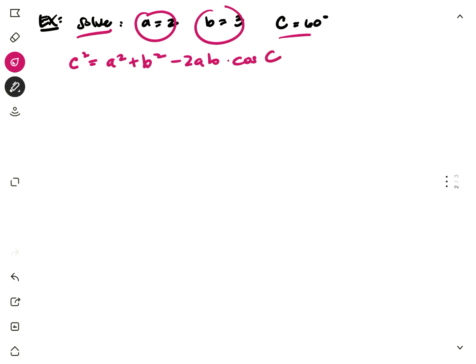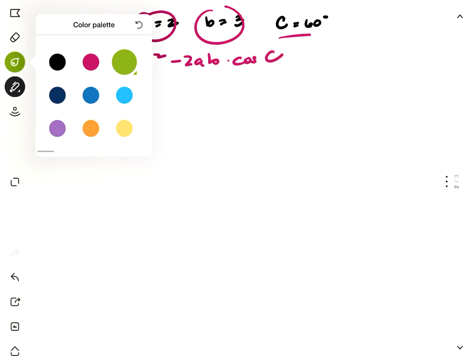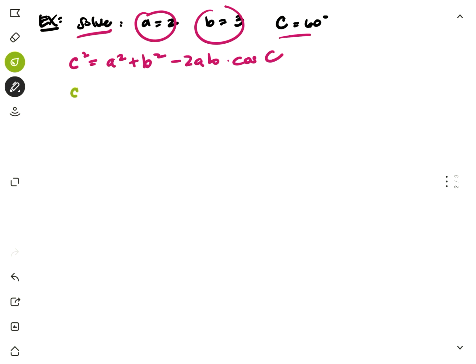We're going to fill in our information. c squared equals 2 squared, since a is 2, plus 3 squared because b is 3, minus 2 times 3 times cosine of C, which is 60.